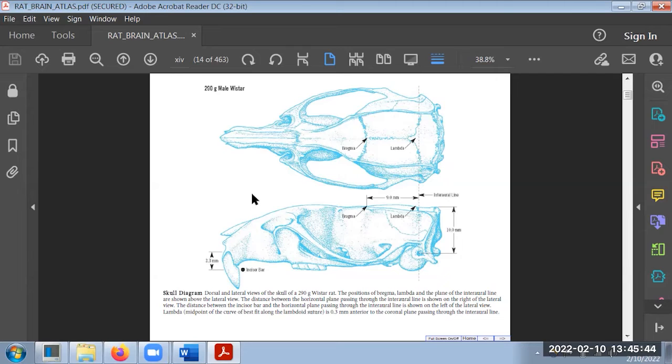For rats, while they're anesthetized, they end up having their snout rested on top of an incisor bar. And then additionally, there will be these things called ear bars that go into the sockets of the ear without puncturing the eardrums. And these hold the head in place in a flat position.